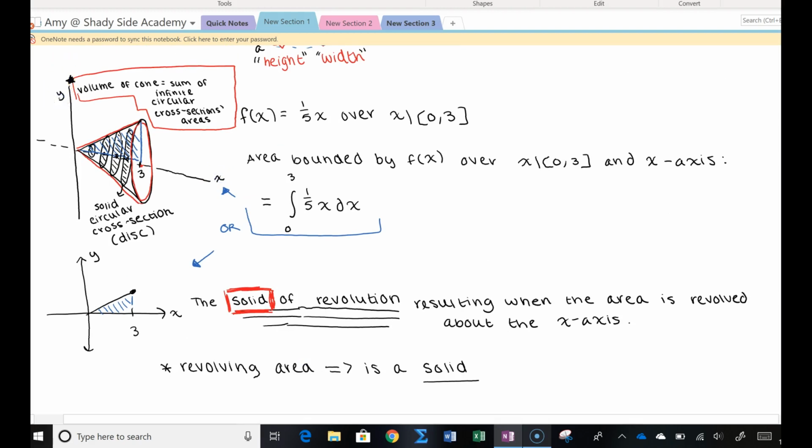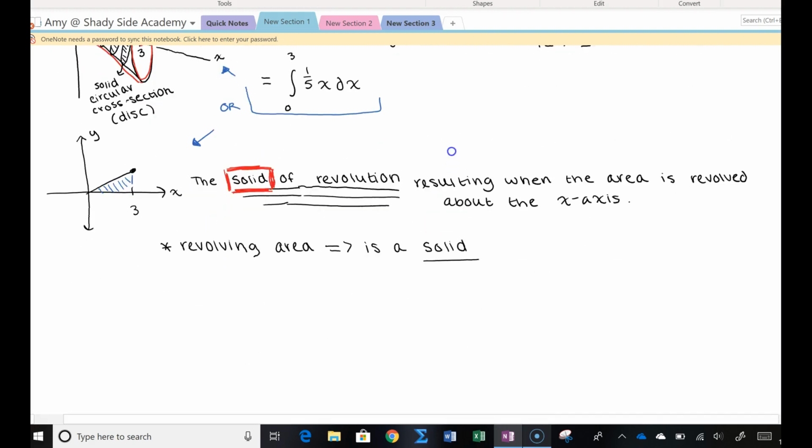The cross sections are stacked over an interval of x. That's going to be very, very important. Okay, everyone.